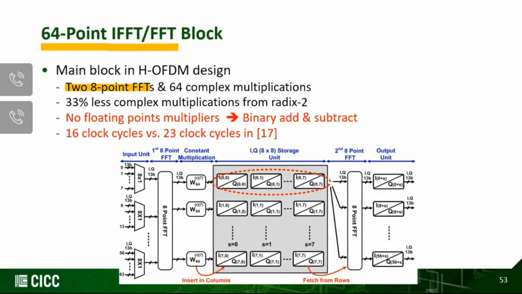So instead of using 64-point at once, you fetch the data in pairs, insert in columns and fetch from rows. That's the strategy here. And we can reduce the complex multiplication by 33% compared with a mere Radix-2 implementation. And we can avoid using the 14-point multipliers and just use binary add and subtract, which reduces the clock cycles compared with the conventional approach from 23 to 16 clock cycles.